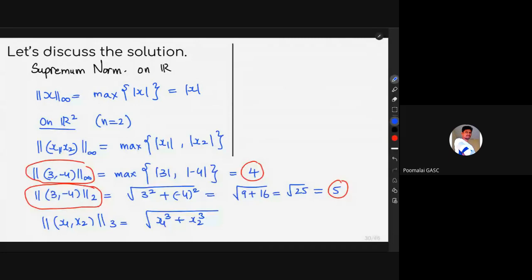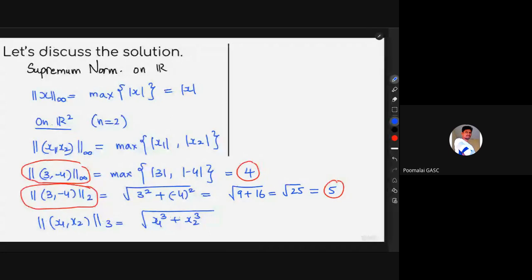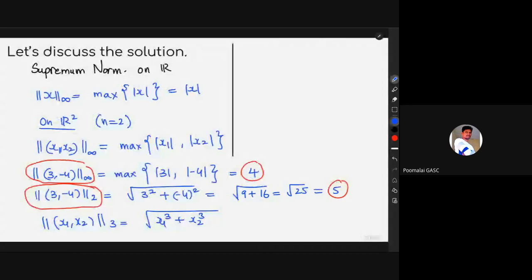I don't know the exact definition because I don't know whether norm 3 will make sense. But usually, how do we define norm 3? I think we take the cube root. So whatever norm you take, norm n, it is nothing but the summation of xi to the power n, and then you take the nth root of it.